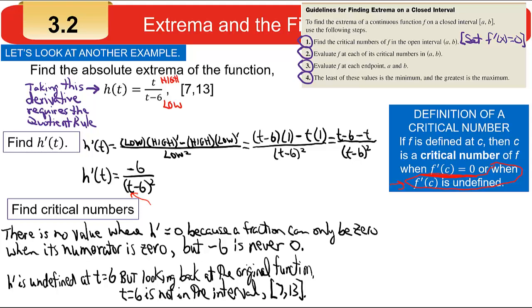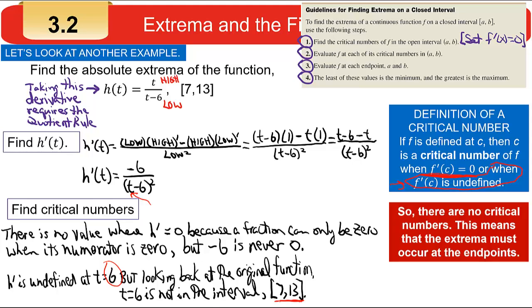So you say, okay, that's going to be a critical number, and I have to consider it. On first blush, that's true. But notice that 6 is not inside of this interval from 7 to 13. The critical numbers have to be in the interval. That's not the case. 6 is not between 7 and 13, so 6 gets tossed out.